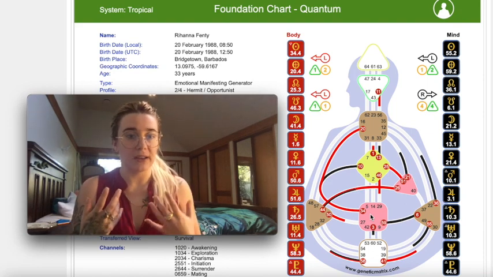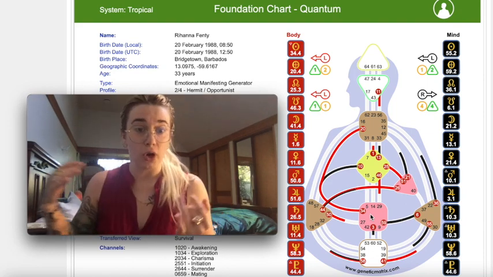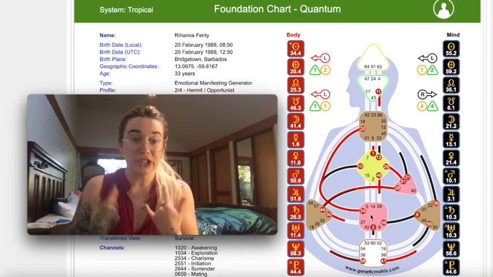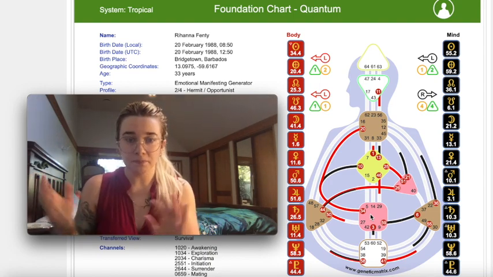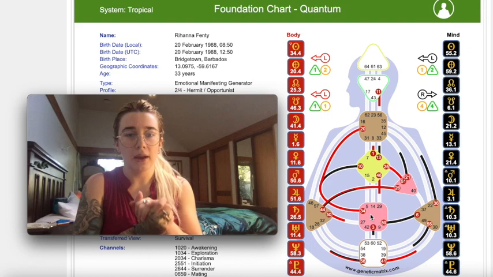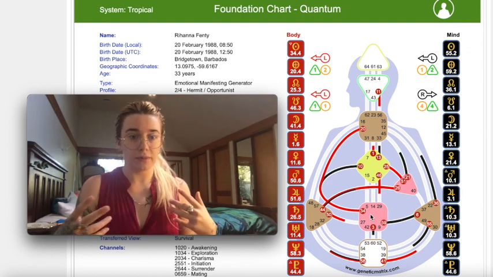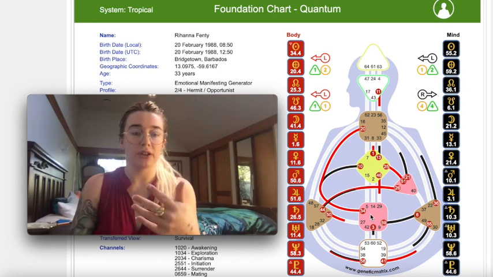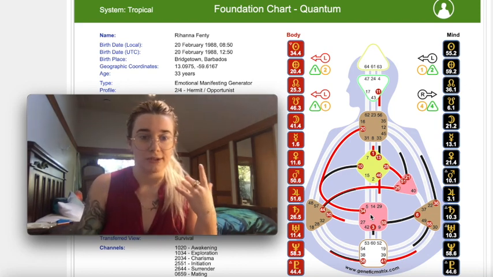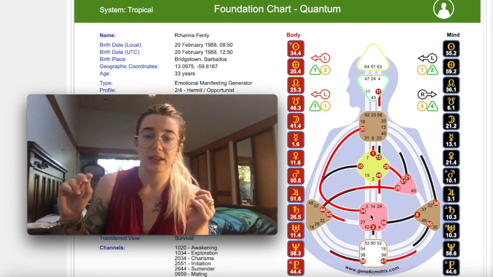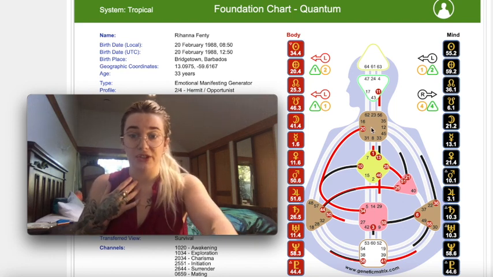When people say do what you love and follow your hobbies and your passions, that's a very generator thing to say. The other important center to be aware of is the throat center. This is the brown square up here.